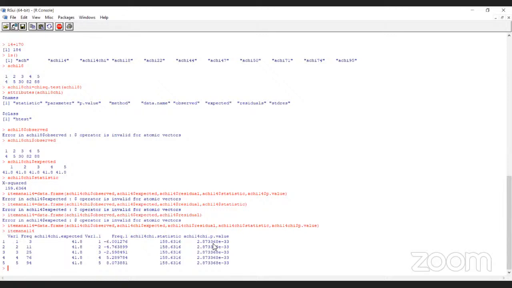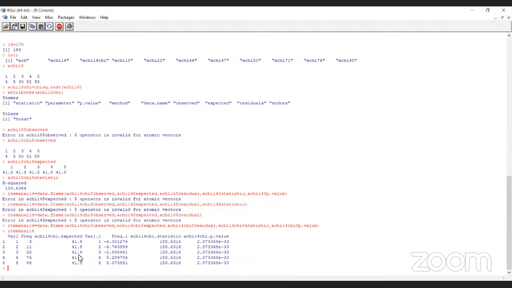You have written observed. After that, you have written expected. Then is the residual. Then is the statistic. Then is the p-value. So that is your residual value. Now you find your observed frequency is 25, and your expected frequency is 41.8.